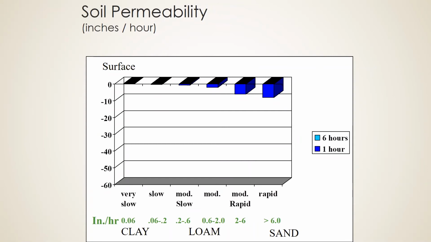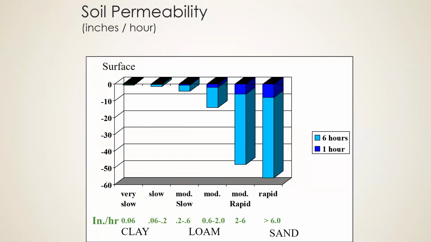We'll talk about how to address excessively dry or wet soil. This graph is showing us infiltration rates of different soil textures. Sand is going to drain a lot more sharply and rapidly than our clay soil.